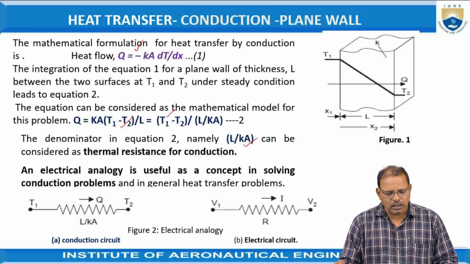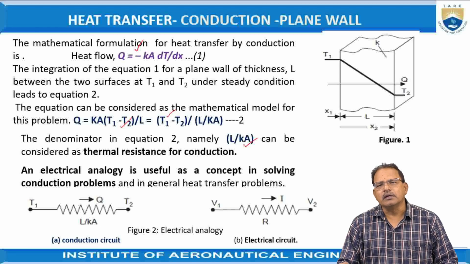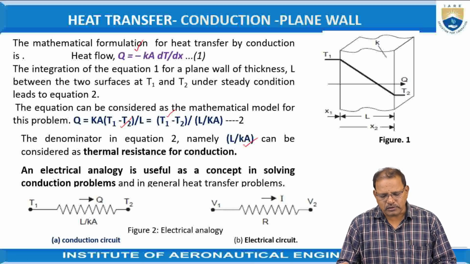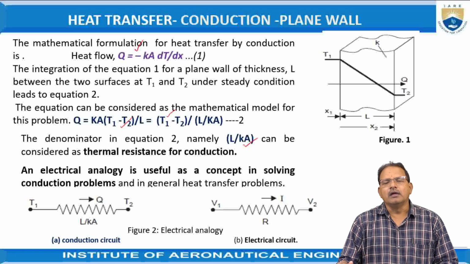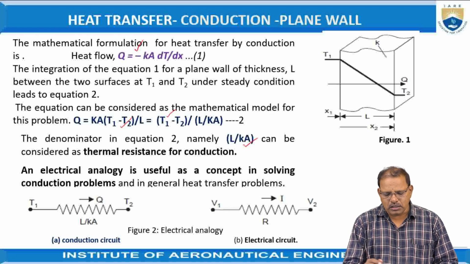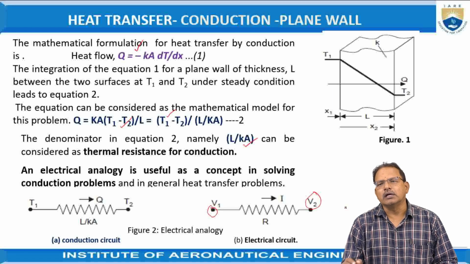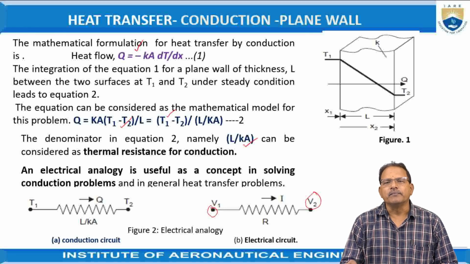Here an electrical analogy is useful as a concept in solving conduction problems, and in general, heat transfer problems. Compare with the current flowing through a conductor. Assume initially it has voltage V1 at one end and V2 at the other end. Because of the voltage difference across the conductor, current flows from one point to another.